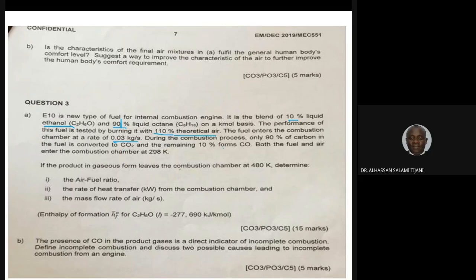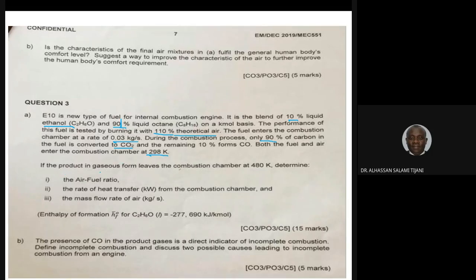During the combustion process, only 90% of the carbon in the fuel is converted into carbon dioxide, and the remaining 10% forms CO.